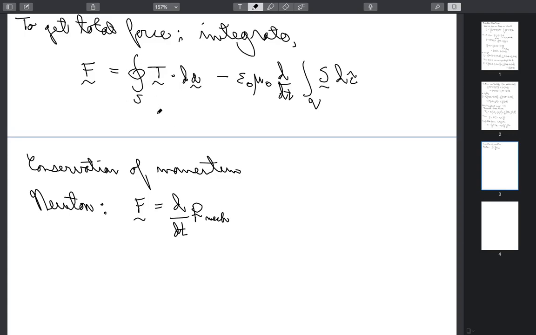That's the one with the surface integral. The second one here is essentially the momentum which is stored in the electromagnetic fields inside the volume. Okay, so essentially it smells like a conservation law.